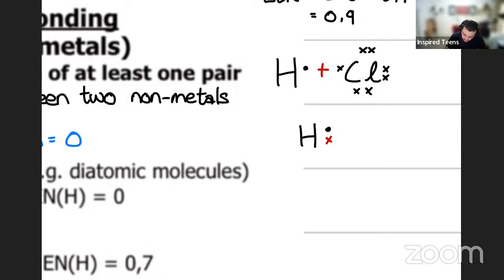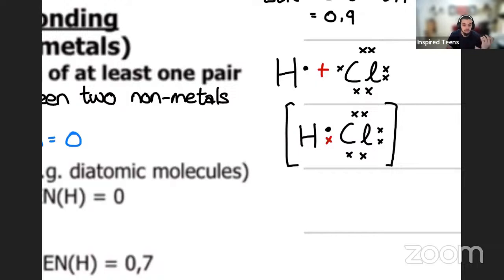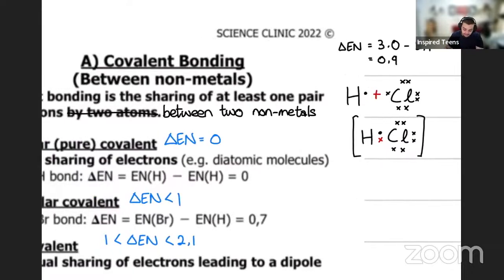Okay, so this is how they bond, and that's how the covalent bond is actually formed. Hydrogen bonds with chlorine, they share that electron. So hydrogen shares it with chlorine, and chlorine shares it with hydrogen. Okay, I hope that makes sense.